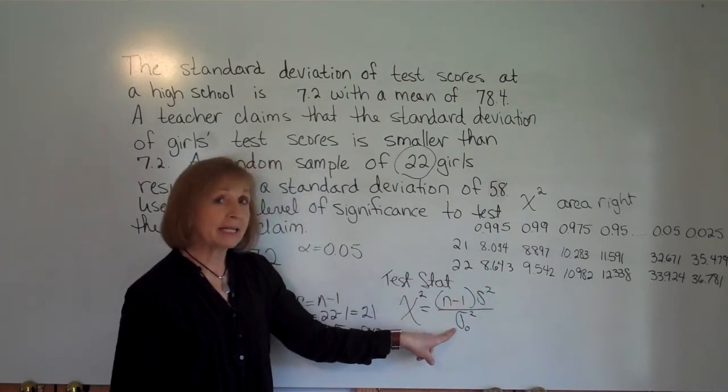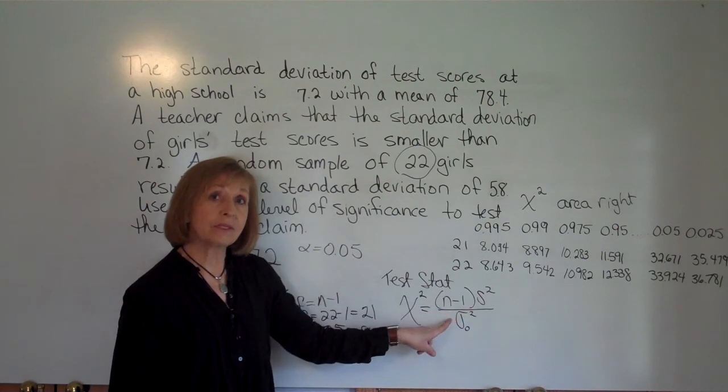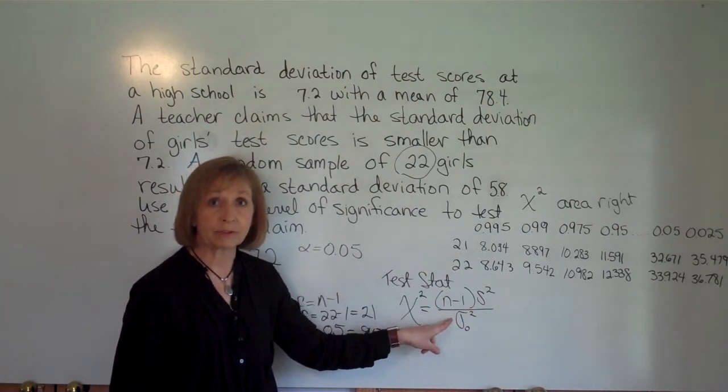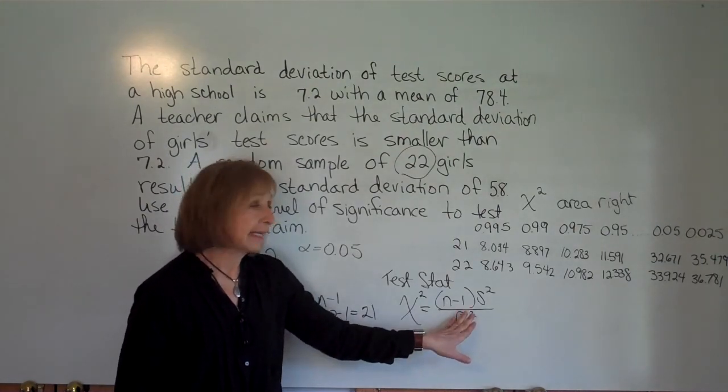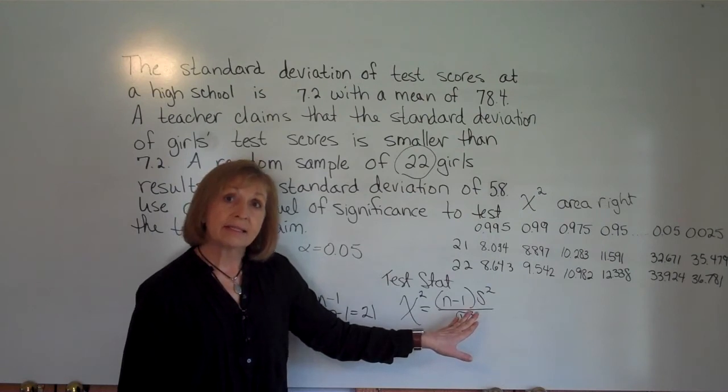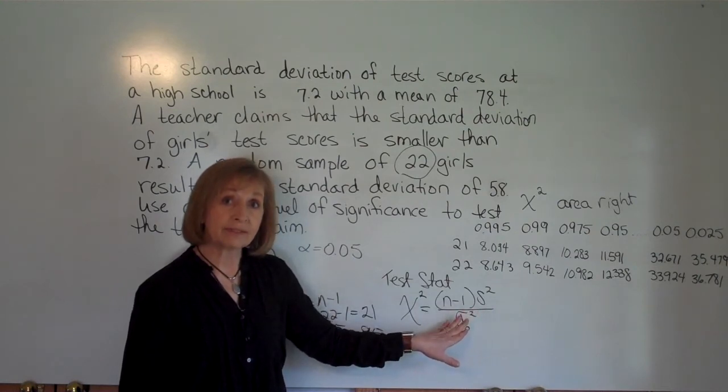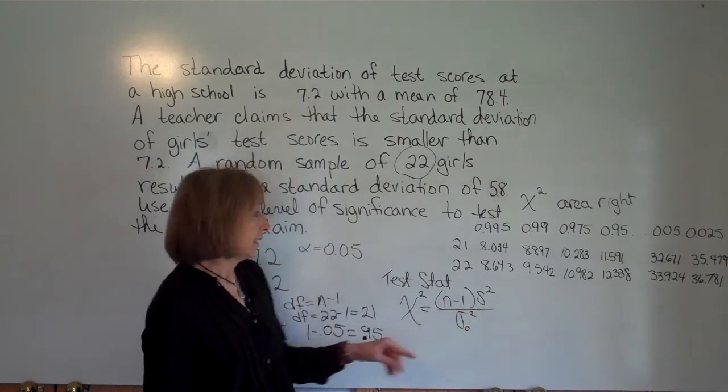In the denominator, it's sigma sub 0 squared. This is the value you said the population standard deviation was equal to in the null hypothesis. That's what that sub 0 is. Again, if your hypothesis says sigma squared, you just put that number in. If your null hypothesis says sigma equals, you have to put that number in there and square it.